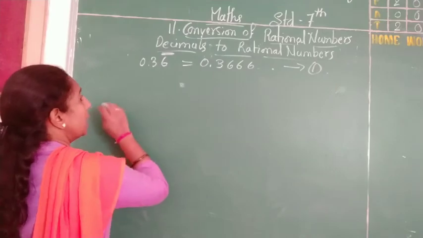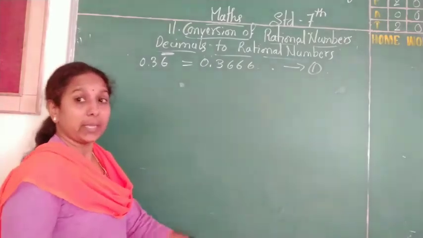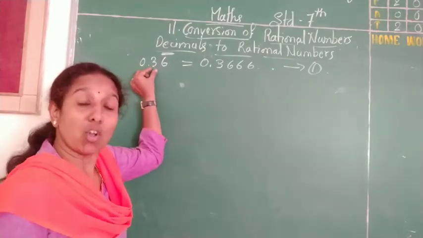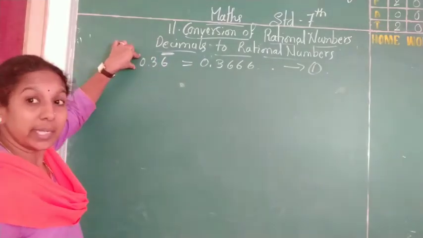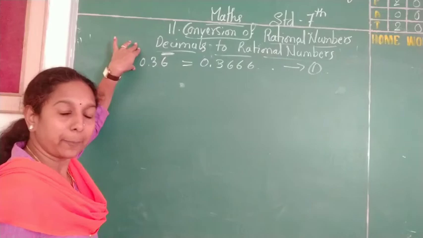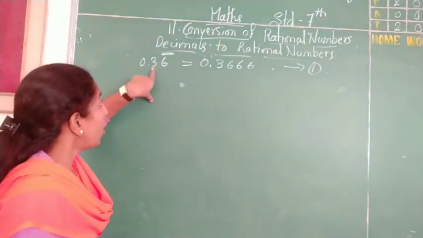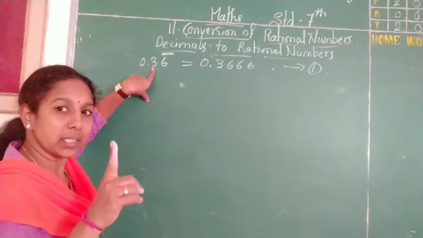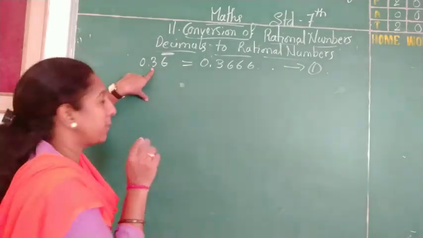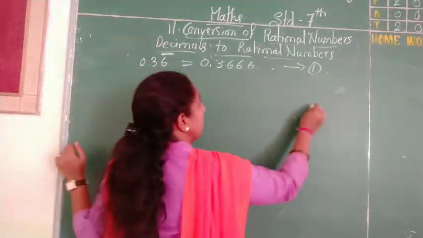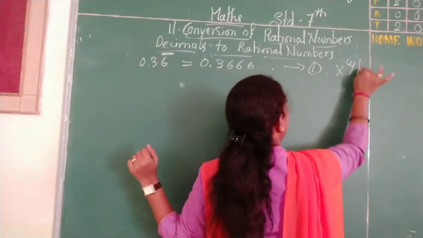Now to take this non-recurring number to the integral part, the whole number part, how many digits are there? Only 1 digit. To take that 1 digit there, I should multiply by 10. So I will multiply this equation by 10.